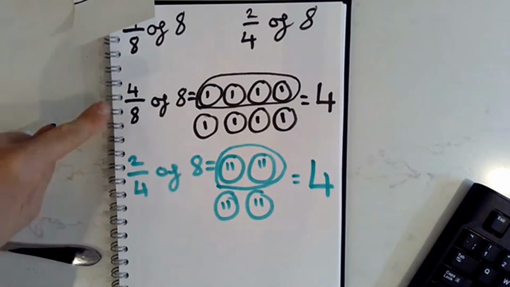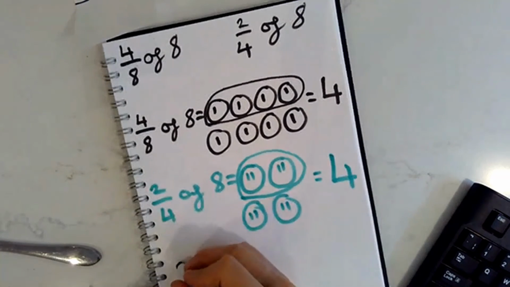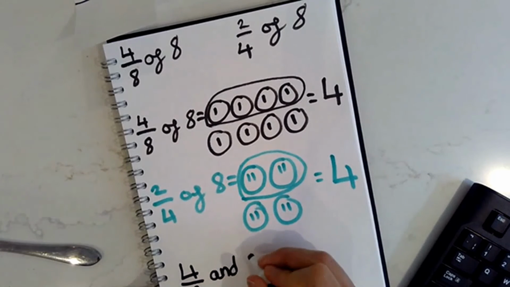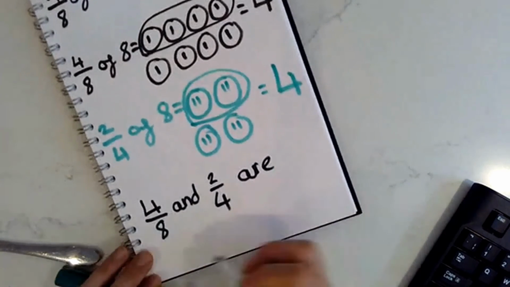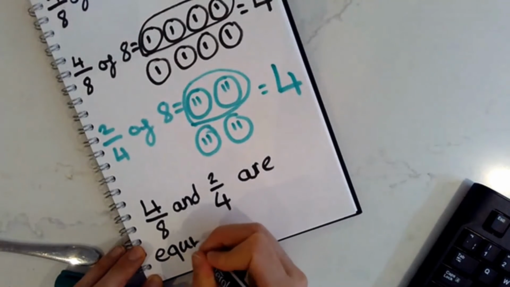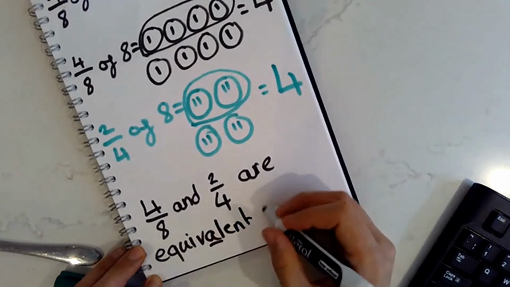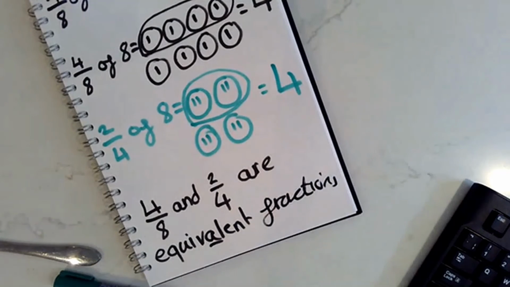So what does that tell me about 4/8 and 2/4? What does it tell me? They are what fractions? Brilliant. Therefore, I can write 4/8 and 2/4 are equivalent fractions.